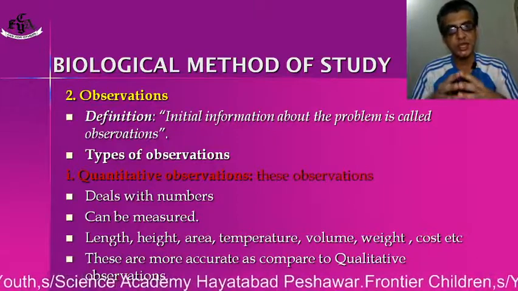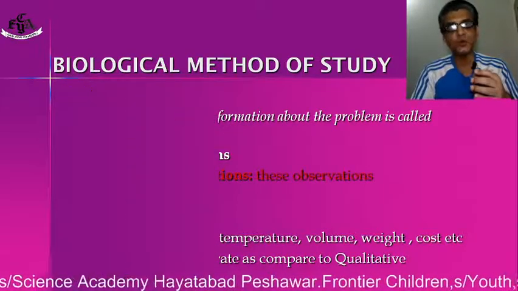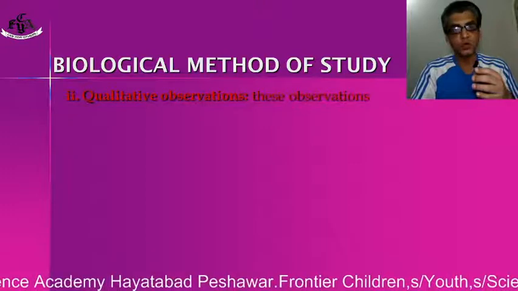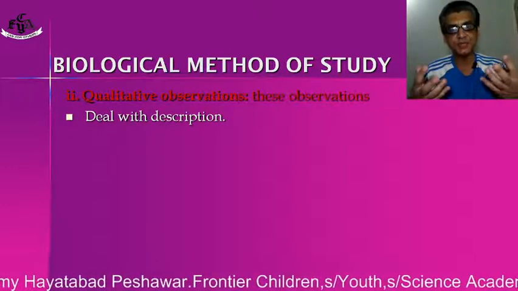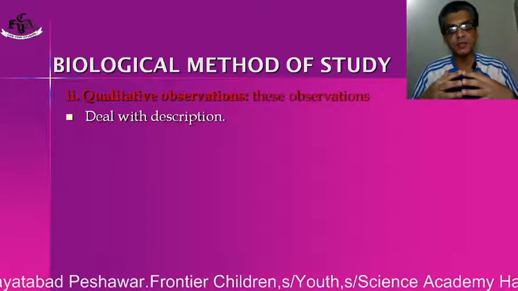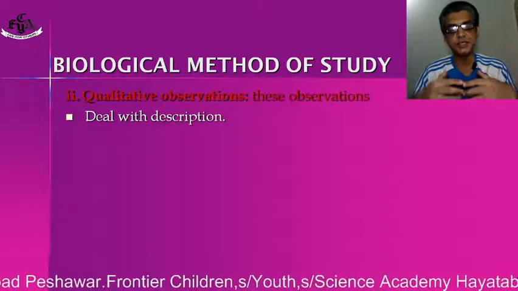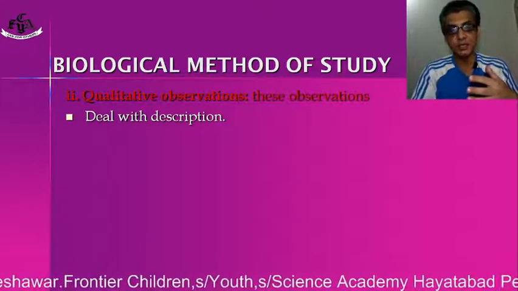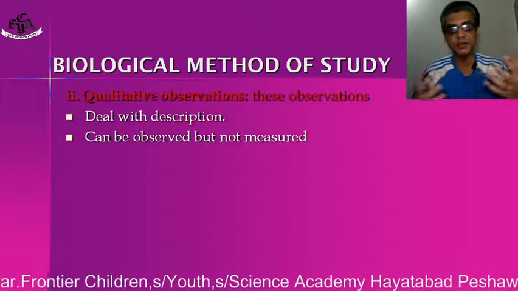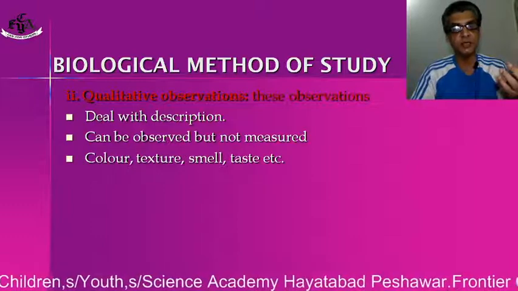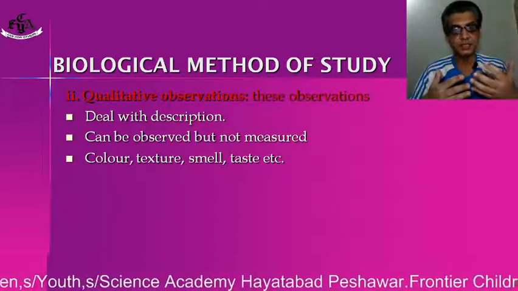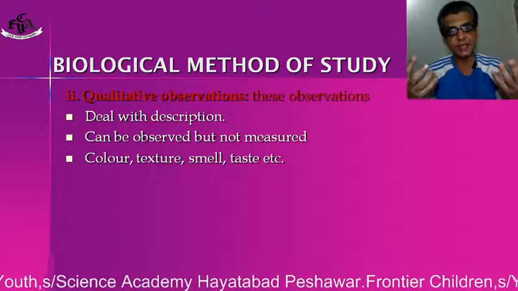Now the next one, what is qualitative observation? Qualitative observation deals with description. It can be described in words, in sentences. It cannot be measured in 1, 2, 3, etc. Like color, texture, smell, taste.